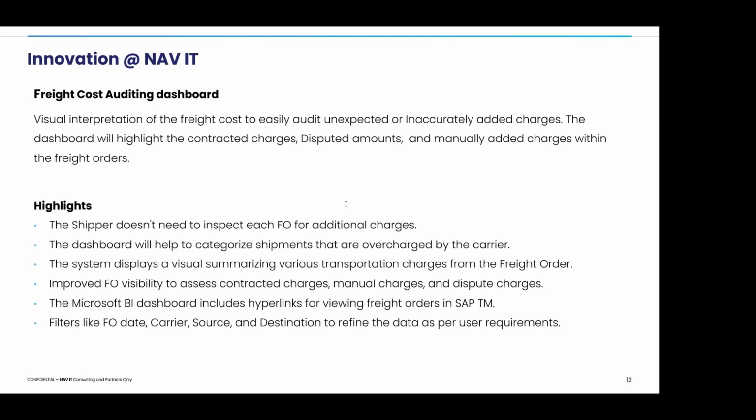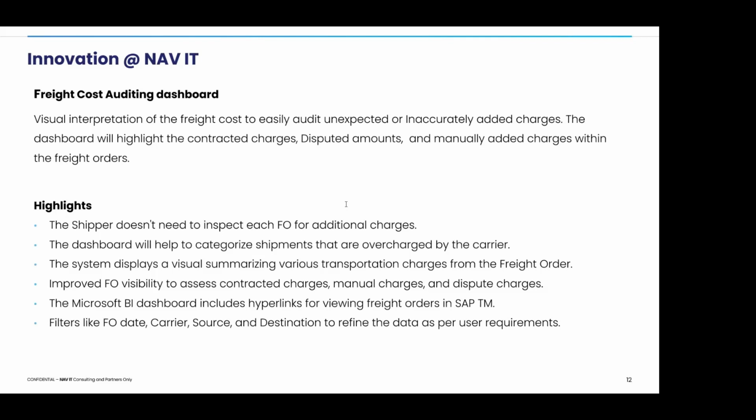The dashboard does it for us. It helps us categorize shipments that have been overcharged by the carrier, ensuring that we can catch the discrepancies and take corrective actions promptly. It provides a clear visual summary of various transportation charges from freight orders, enabling us to grasp the bigger picture at a glance.